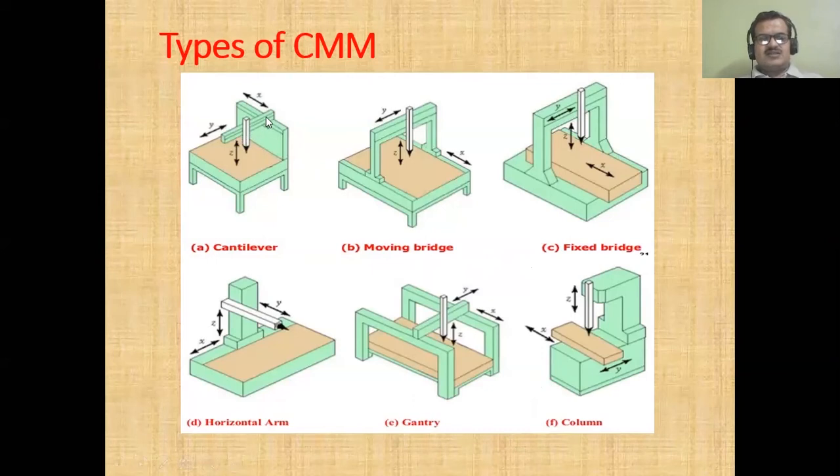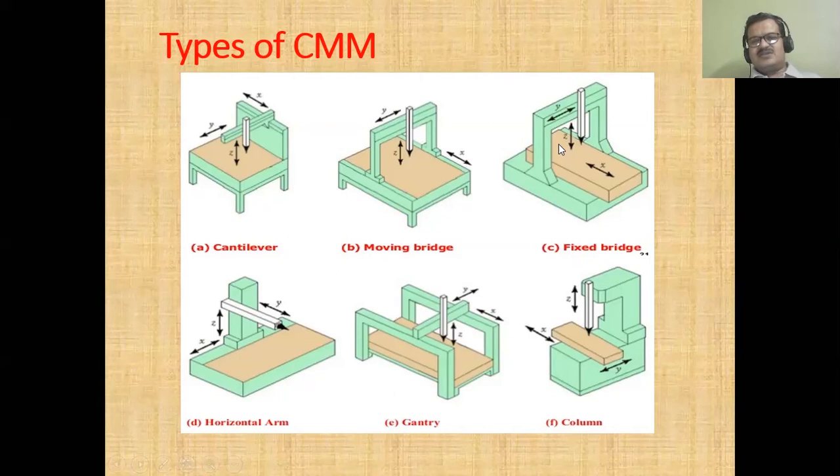Here you can see it is just like a cantilever system, and this is the probe. You can see X movement, Y movement, and Z movement. This is the moving bridge type. It is a bridge type of structure. You can see Y movement, Z movement, and X movement, and this is the probe being mounted. Now this is the fixed bridge type of system.